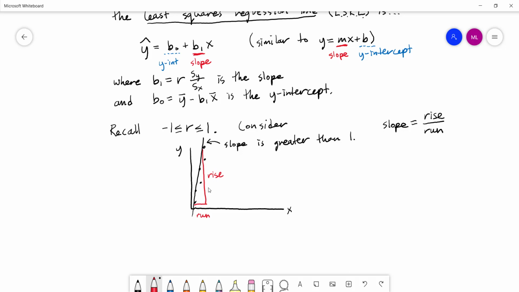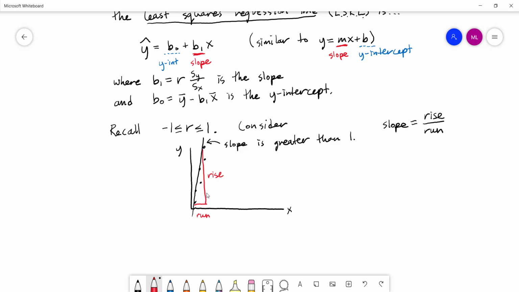So if we look at this, there's a lot more rise than there is run, meaning this number on top will be much bigger than the number on the bottom. We would get a number bigger than 1 here. In this case, it looks like, ballpark, I would say that maybe the rise is 3 or 4 times bigger than this. Let's just say 4 to make it easy.